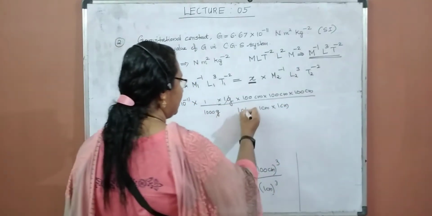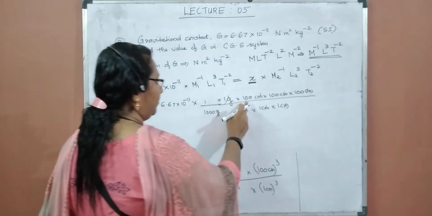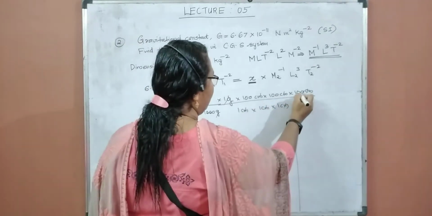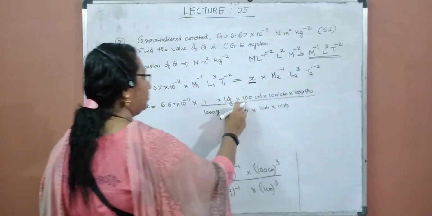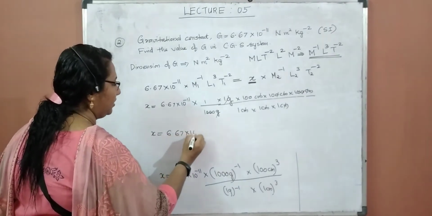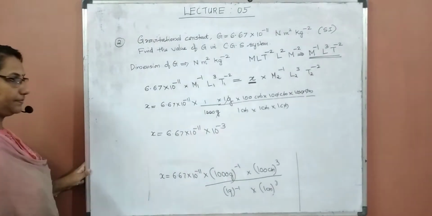Gram, gram cancel; centimeter, centimeter cancel. And in the numerator there are 1, 2, 3, 4, 5, 6 zeros. 3 zeros are cancelled. That is x becomes 6.67 into 10 raised to minus 11 into 10 raised to minus 3.